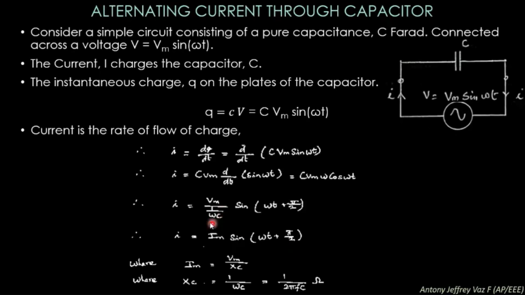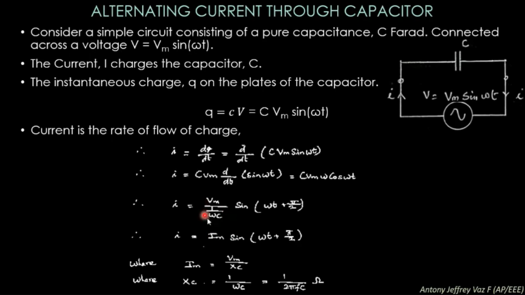The term 1 by omega c is very small, so you can leave this term. So you will get I is equal to Im sin omega t plus pi by 2. Here you can see the Vm term and the 1 by omega c term have completely converted into the Im term.